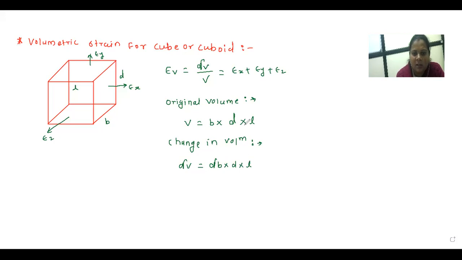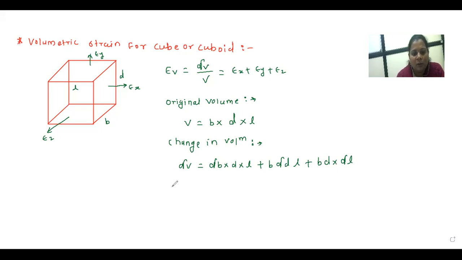Now the derivative of D: B as it is, derivative of D is del D, and L as it is, plus. Now the derivative of L: whenever we take the derivative of L, B and D we take as it is, so B into D into del L. So this is the change in volume.